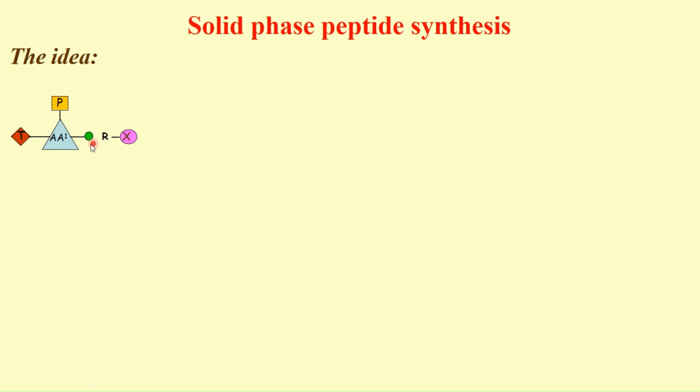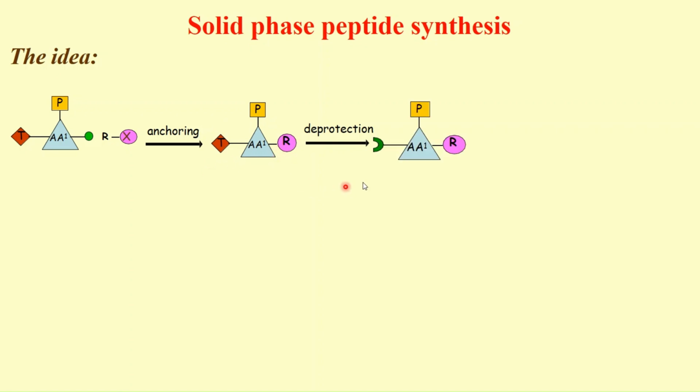The carboxy group is anchored with the resin R. This anchored amino acid is deprotected, where the amino group which has been protected is cleaved to give rise to a free amino group.